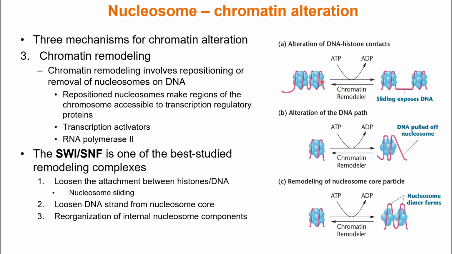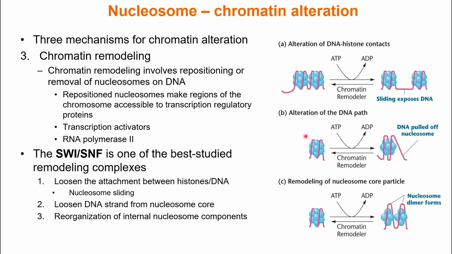We can either loosen the attachment between the histones. So here are two histone groups that are pretty well bound to each other. But using this chromatin remodeler, we can slide them apart, and we have this exposed region. We can have alteration of the DNA path.